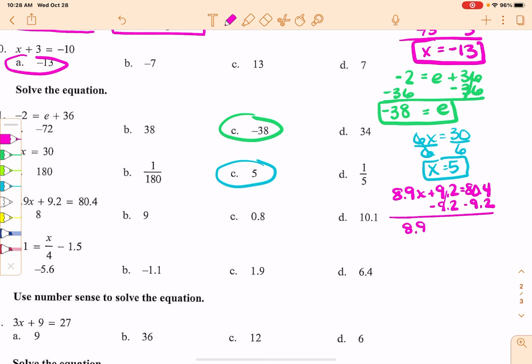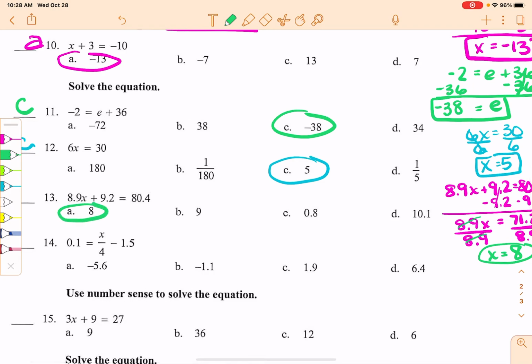So I have 8.9x and 80.4 minus 9.2 is 71.2. Divide both sides by 8.9. So these cancel. 71.2 divided by 8.9 is going to be 8. So your answer is A.